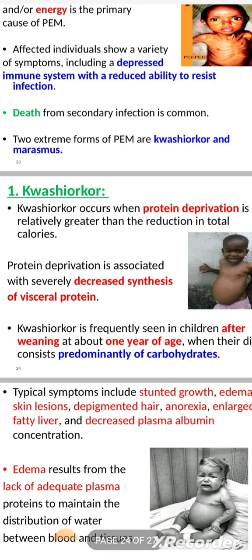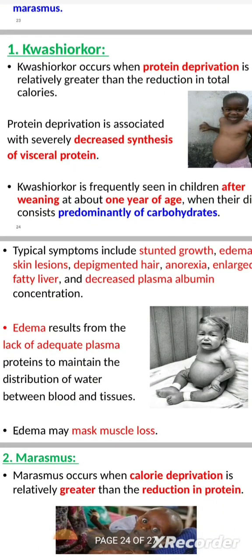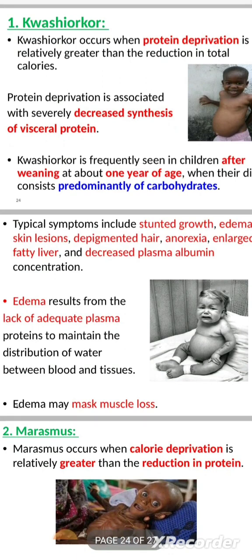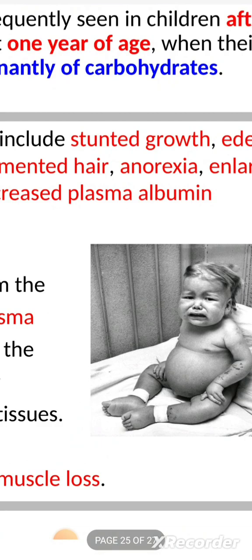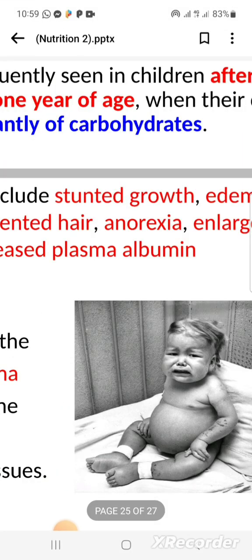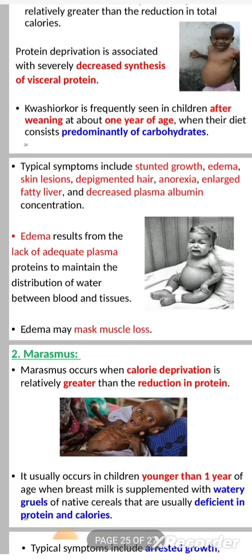Decreased plasma protein, albumin, leads to the edema. Edema results from the lack of adequate plasma protein to maintain the distribution of water between blood and tissue. You see here edema, and it is very clear with the fatty liver.